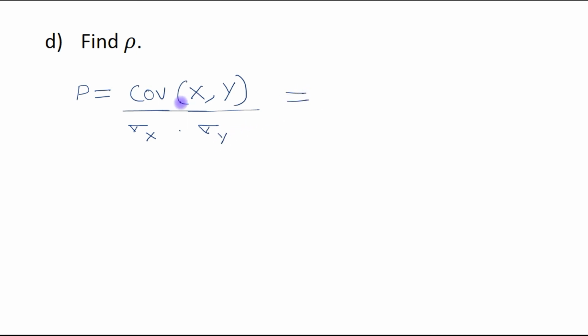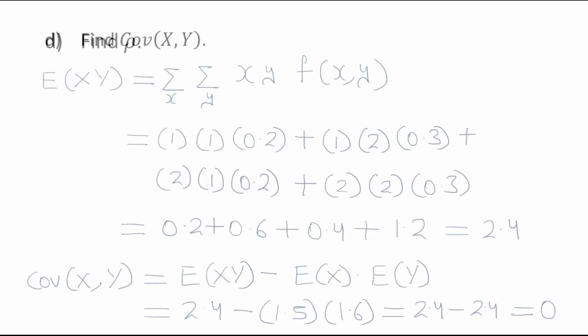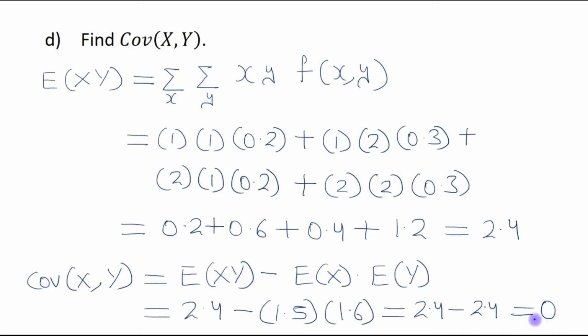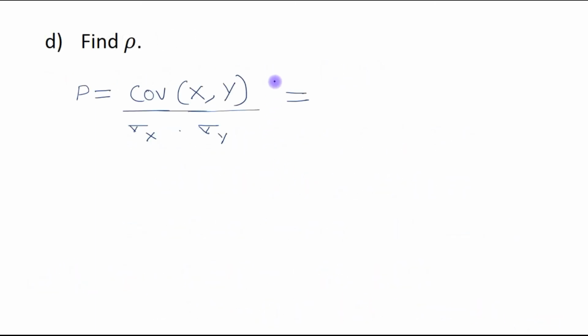In our case, covariance between x and y is 0. So we will write 0 upon sigma x times sigma y, which is equals to 0.